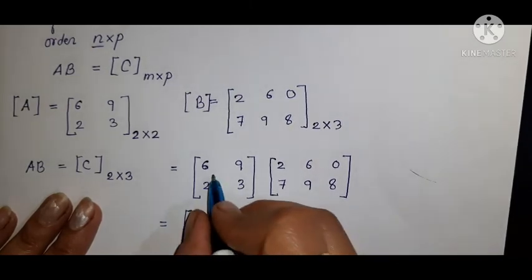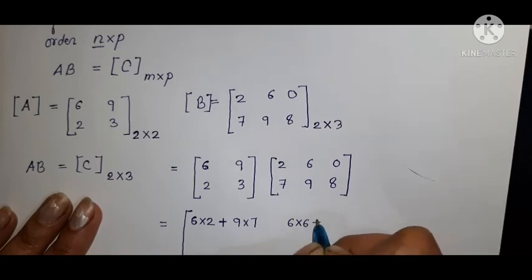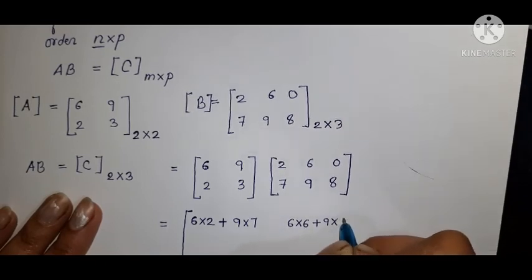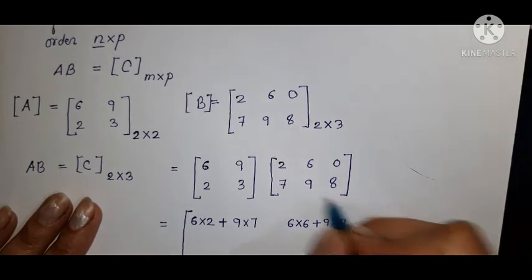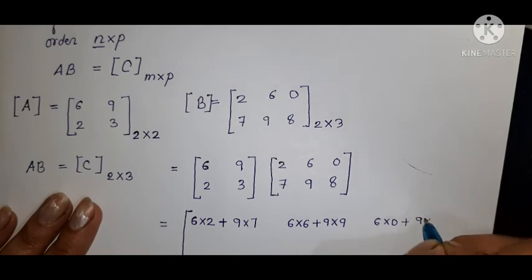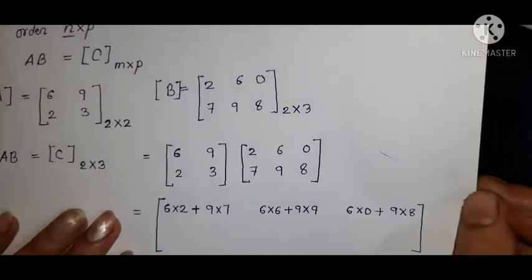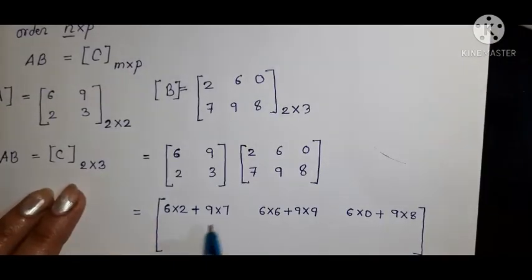This is next 6 into 6 plus 9 into 9. Then 6 into 0 plus 9 into 8. So one row completed.